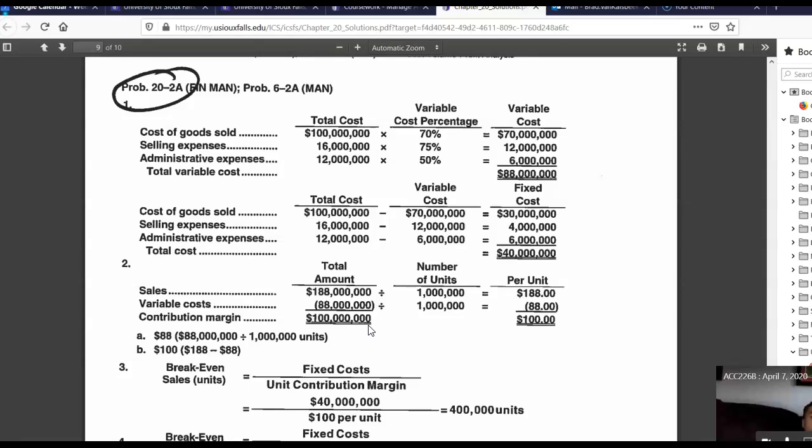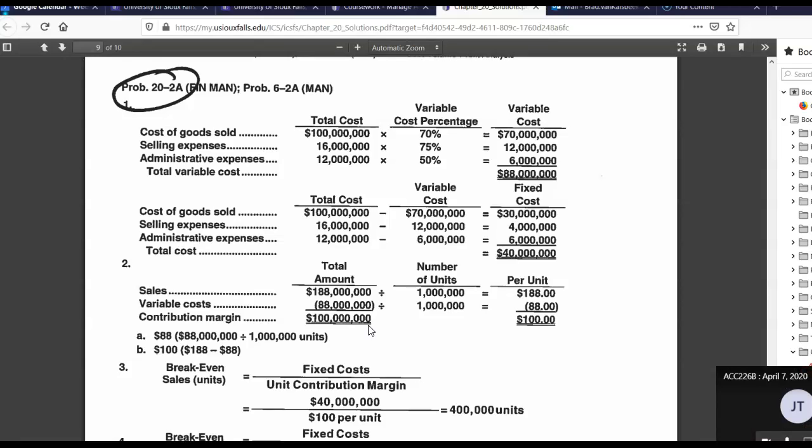So what they're asking is to identify and isolate those costs into those two categories. And we can do so by looking at it variable or fixed. And the book tells you how much is variable and how much is fixed. So I'm not going to read that last paragraph of the problem. We'll get back to that here in a minute.